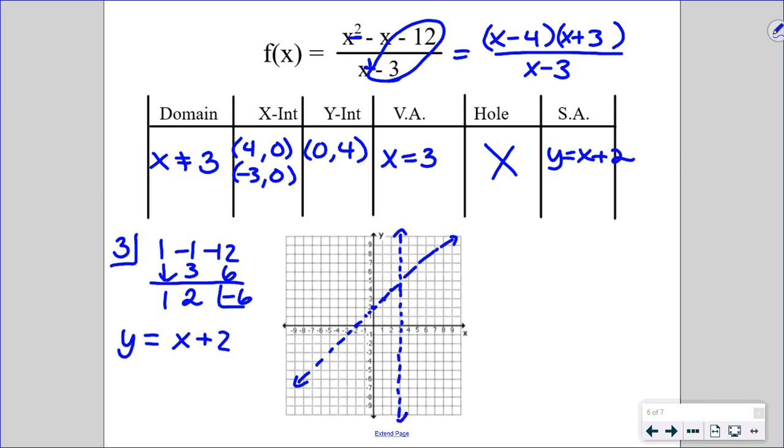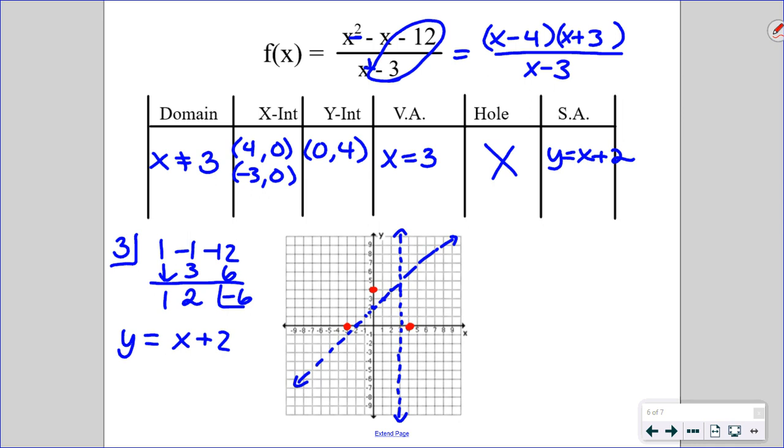Now let's plot our intercepts. So we have (4, 0), (-3, 0), and (0, 4). That's all the information that we were given.